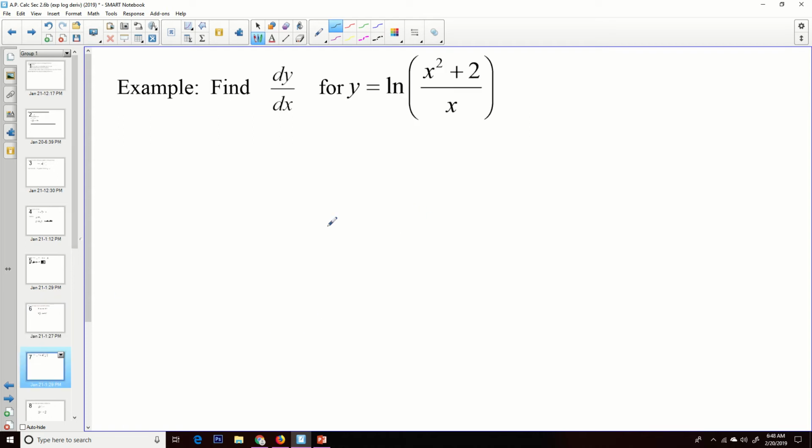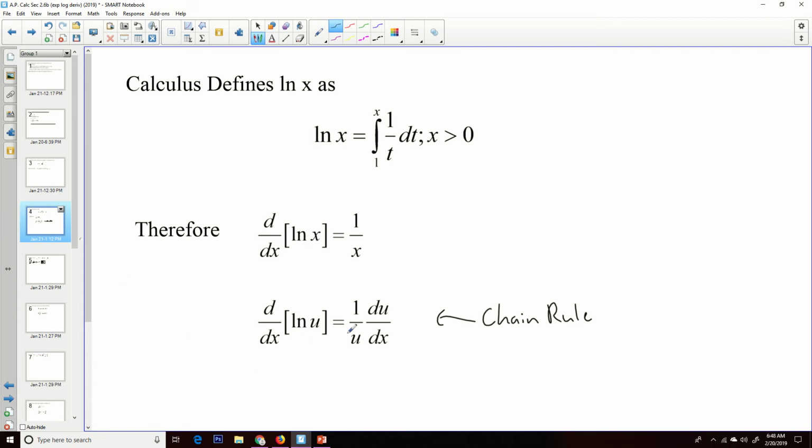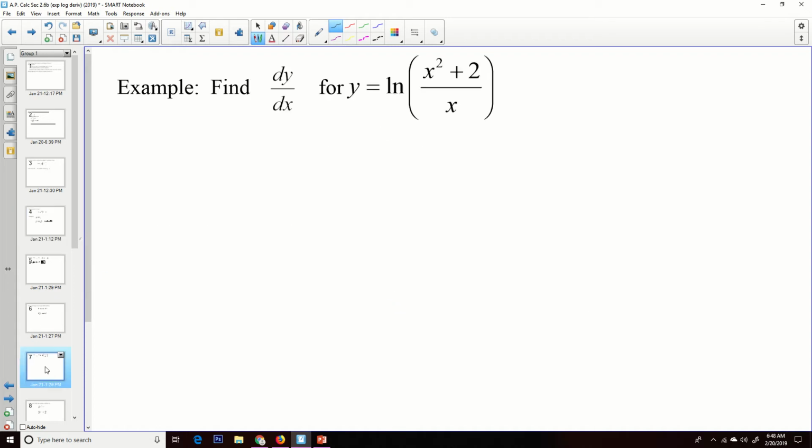So for an example, here we have the ln of this quotient. If I use the rule from the first slide, the chain rule slide, I would have 1 over a fraction times the derivative of a fraction that would need the quotient rule put on it. And that would be kind of a pain.